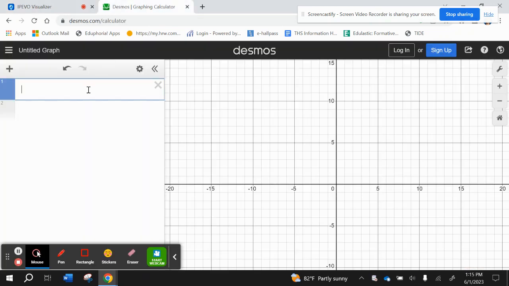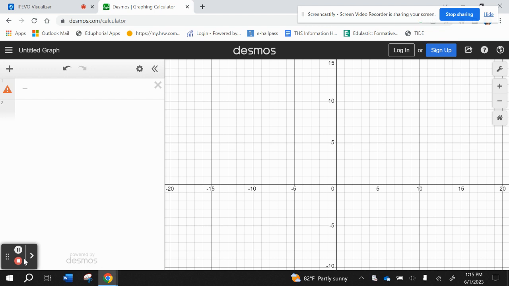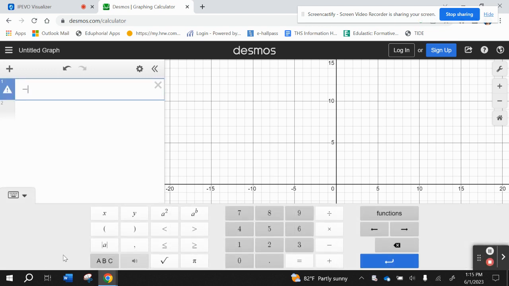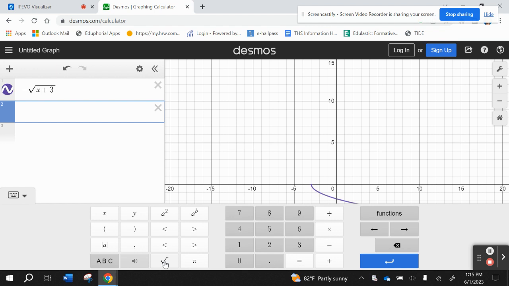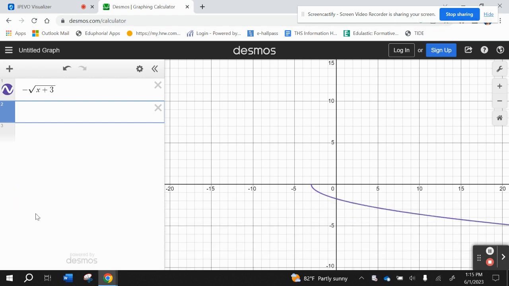So I'm going to do negative square root of x plus 3. So you can use this point. That's not a good point. But that point right there is an important point.